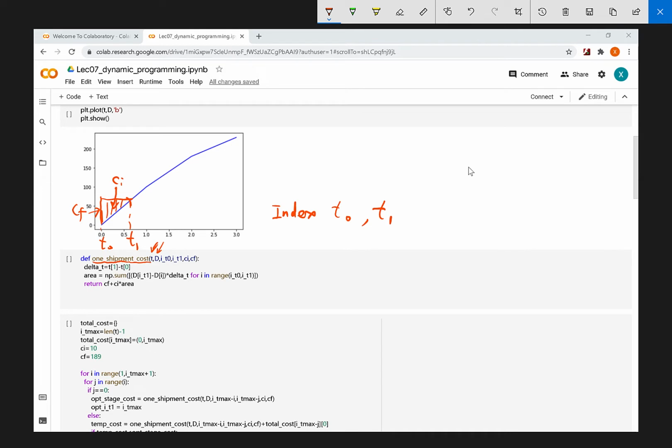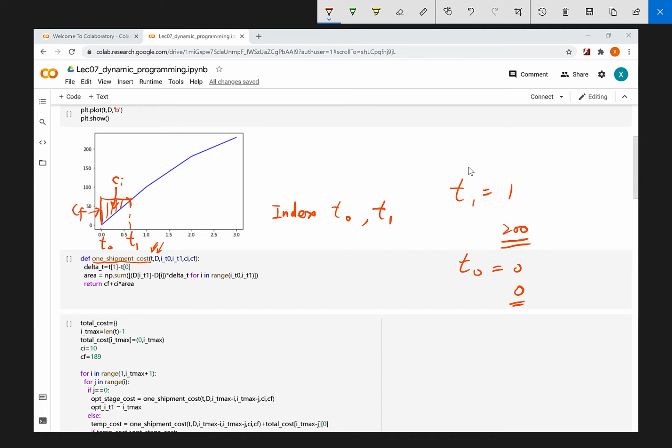So for example, if t1 equals 1, and because the resolution is 200, the index for t1 is actually 200. Definitely the index for t0 equals 0.